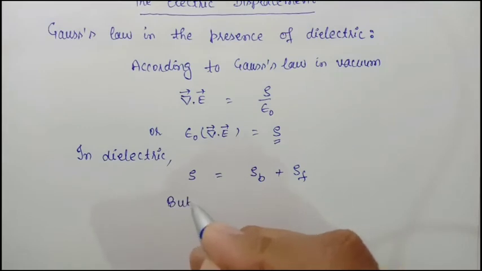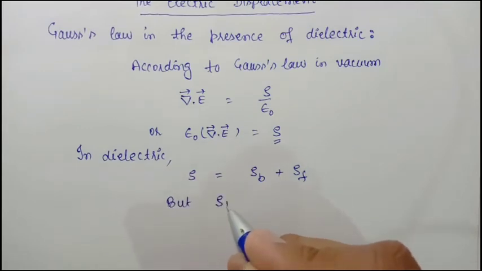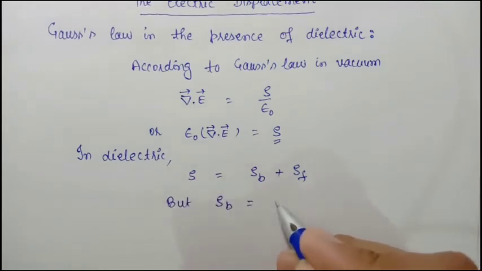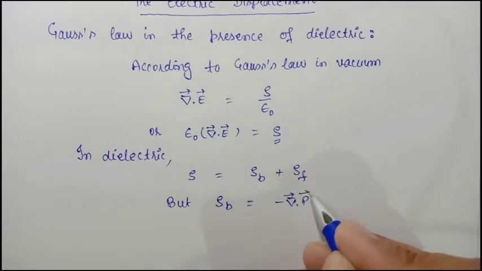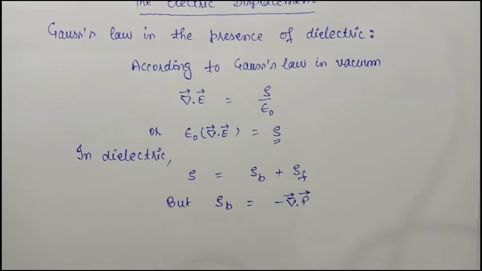But here charge density due to bound charges is equals to minus divergence of polarization, that is minus del dot P. So we can write rho is equals to minus del dot P plus rho F.